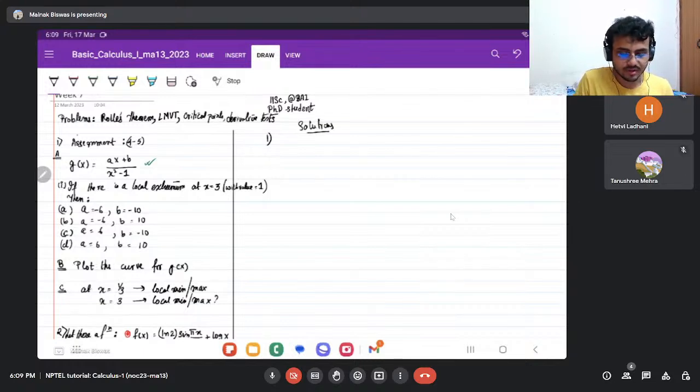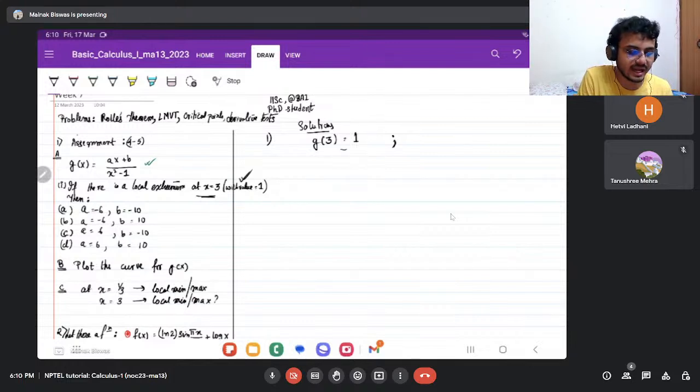So you have defined a function g of x, and it has a local extremum at x equal to 3, and it's saying g of 3 is equal to 1. This is one piece of information given to you. The value of the function at 3 is 1. Now how will you use the second information?